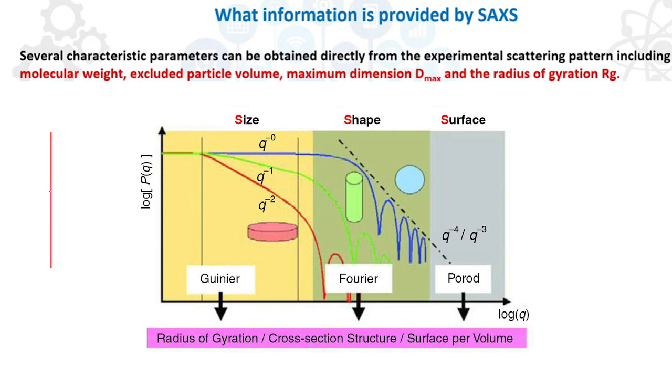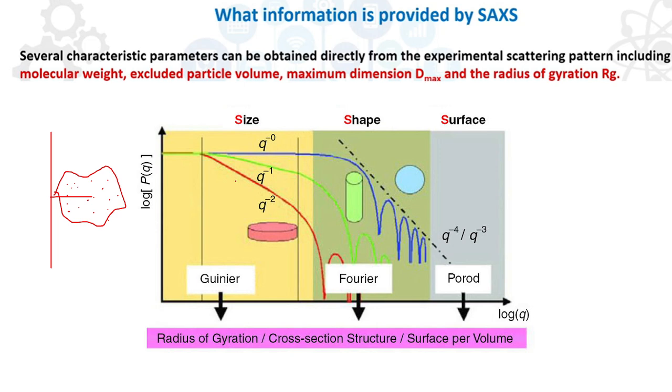If this is the axis and this is your material and it is moving, obviously different atoms are oriented. Now, what is the center of gravity and the distance between these? This is the radius of gyration.